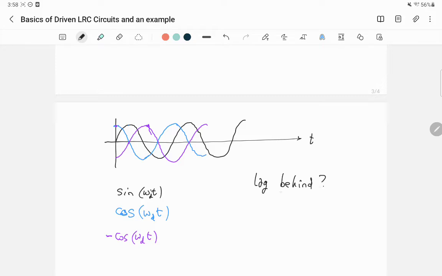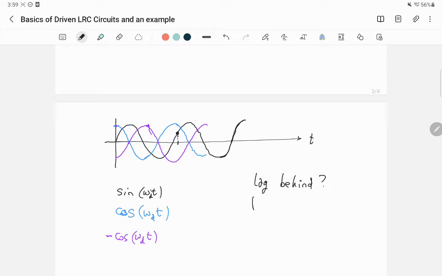Let's pay attention to the black line, and to the fact that at this particular time the black line has this value. But if I look at the blue line, doesn't it look like it's behind the black line?